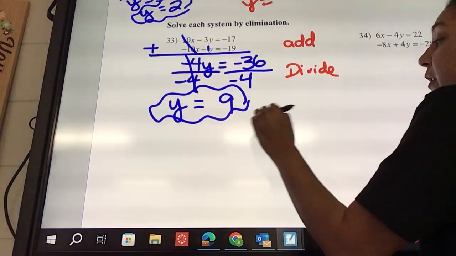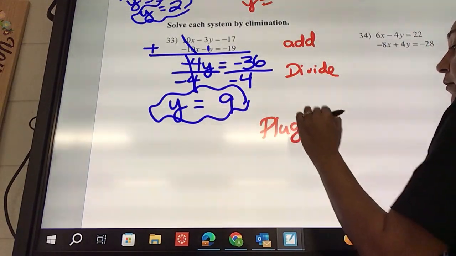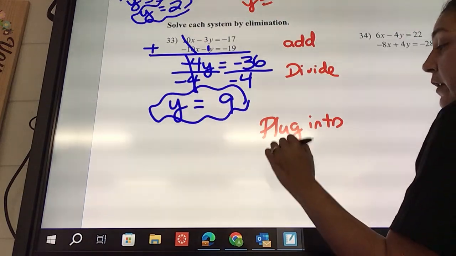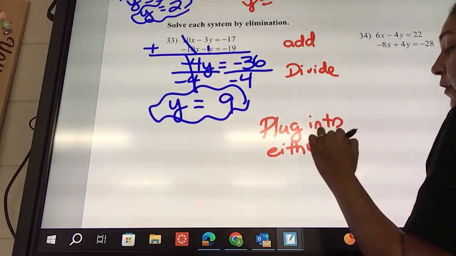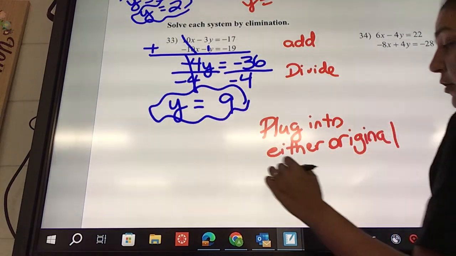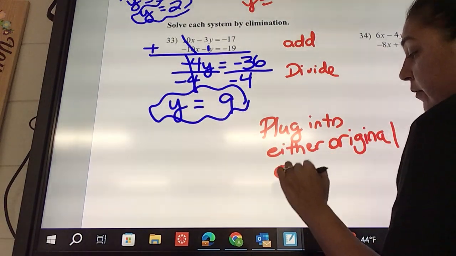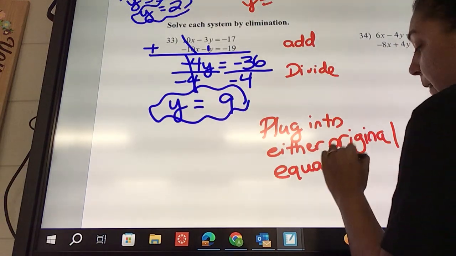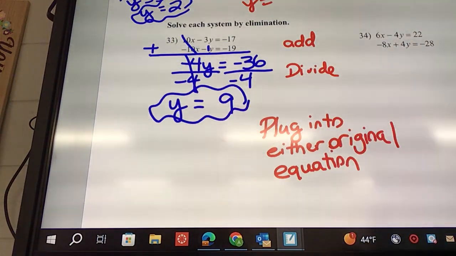Your next step is going to be to plug into either original equation. This is where I always ask you, do you want to use equation 1 or equation 2?